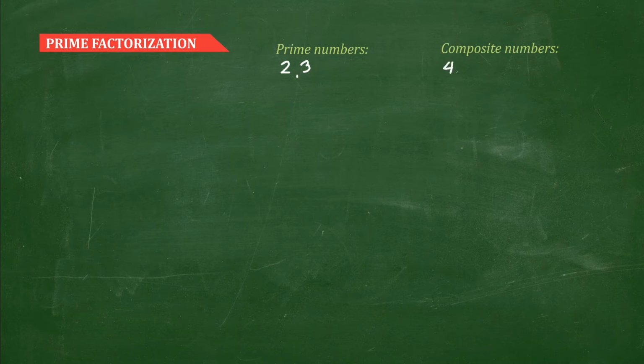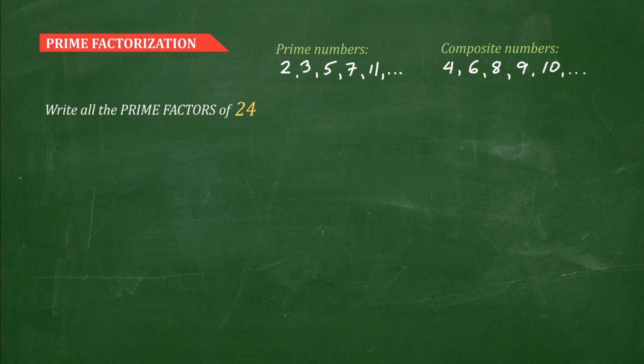Using those criteria, we continue the list of numbers. So 5 is prime, 6 is not, 7 is prime, 8 is composite, 9 is not since it's divisible by 3, 10 is composite, 11 is prime, and so on.